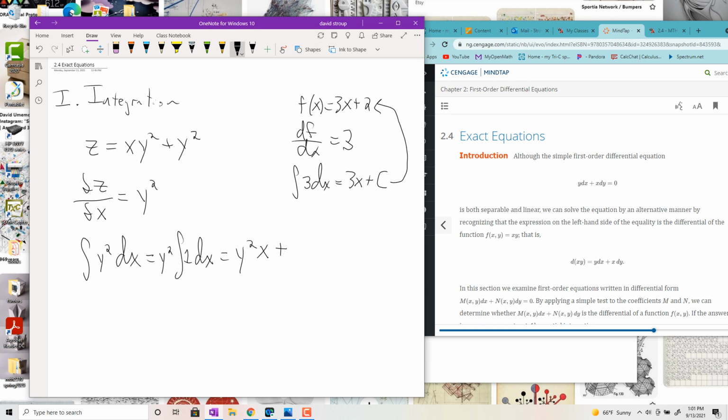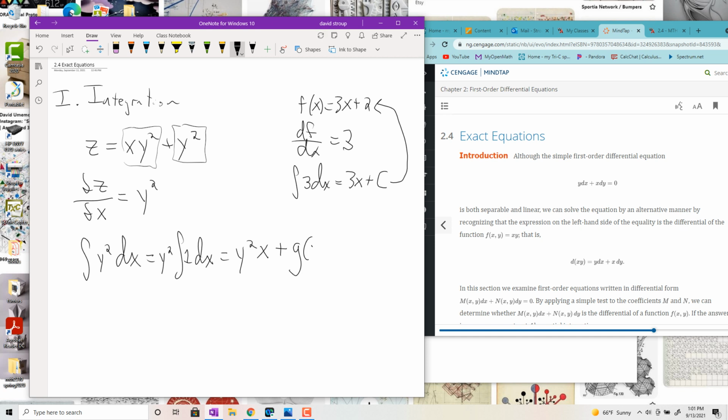Here, rather than potentially just eliminating a constant, what you potentially eliminated was a function of y. So we have the xy squared, which is like this part here, but we're not going to put a plus c because we potentially have eliminated a function of y, and in this case, we definitely have it.